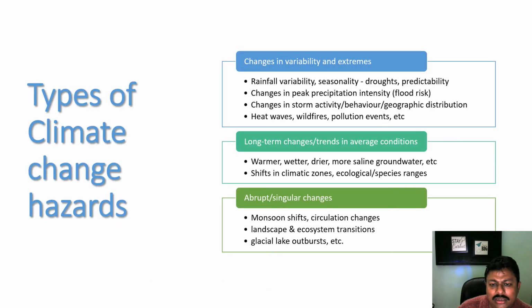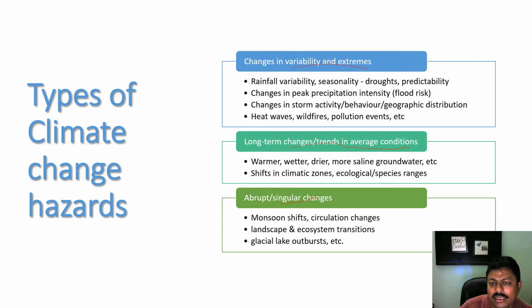So next is types of climate change hazards. This is also very important. There can be different types of hazard. There can be change in the variability and extremities, long-term change or trends in average condition, and abrupt or singular changes.